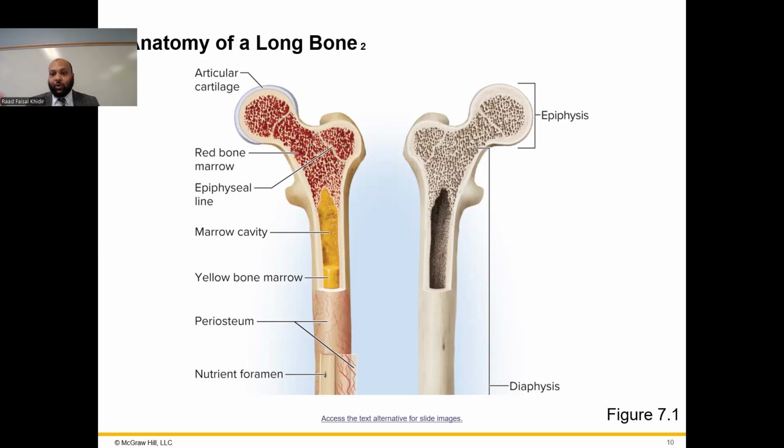So if you look at this bone right now, this is the ball part of the joint, and the socket will be on the top. So according to the anatomical position, that is my right femur.